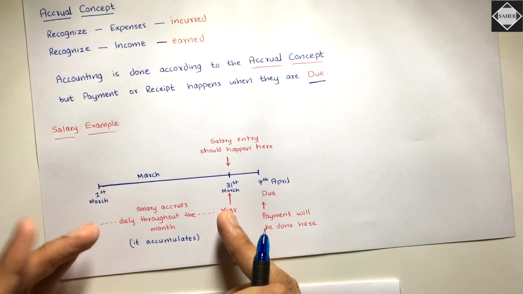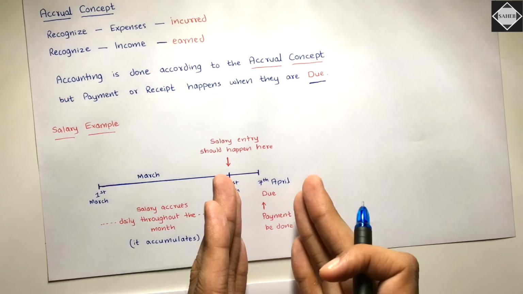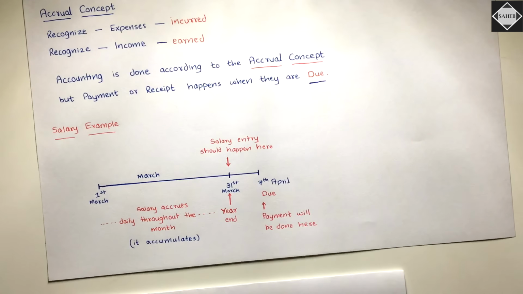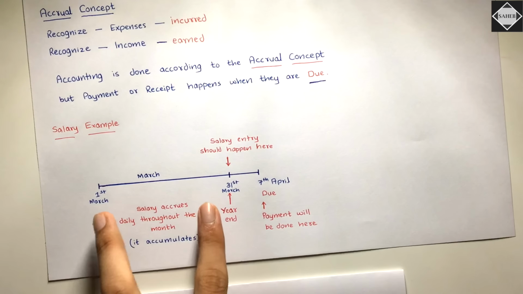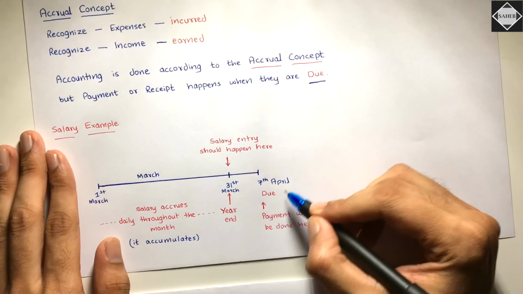And then right after this, 1st April 2024 to 7th April 2024 is the next accounting period. So here salary will not be paid. Salary will be paid on the due date, 7th of April.